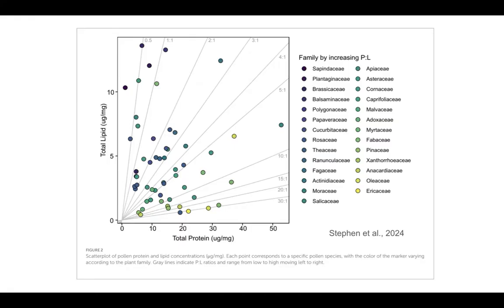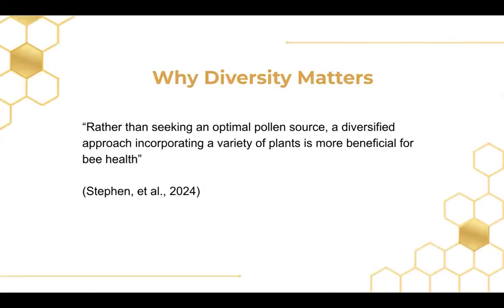So if bees need all of these different nutrients, where do they get them from? Not one source. Several studies have concluded that bees need a variety of food sources. One quote: "Rather than seeking an optimal pollen source, a diversified approach incorporating a variety of plants is more beneficial for bee health."